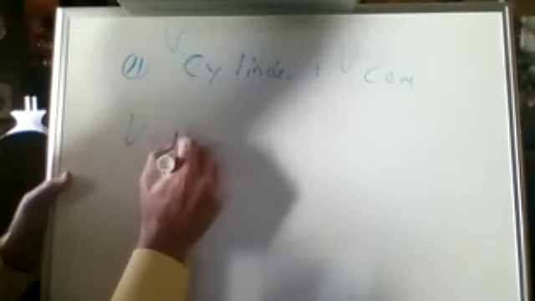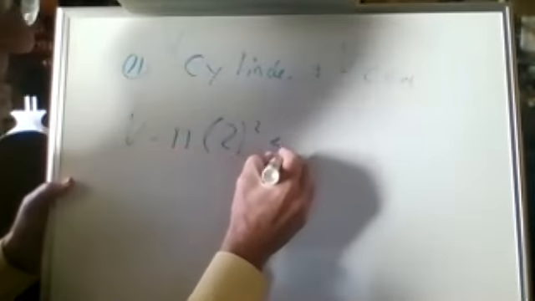The volume of a cylinder is pi r squared h. The radius is 2, and the height is 5.